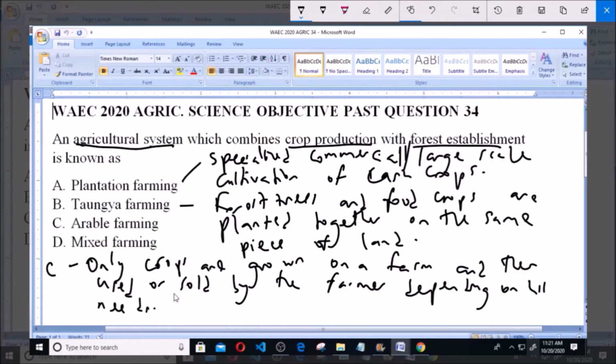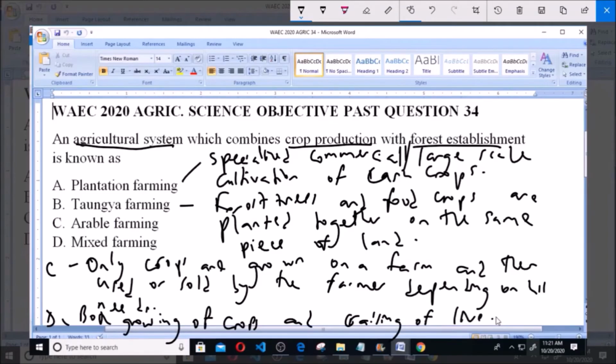So that describes arable farming. And lastly, you have option D, which is mixed farming, and it is a farming system which involves both growing of crops and raising of livestock, usually on the same piece of land.